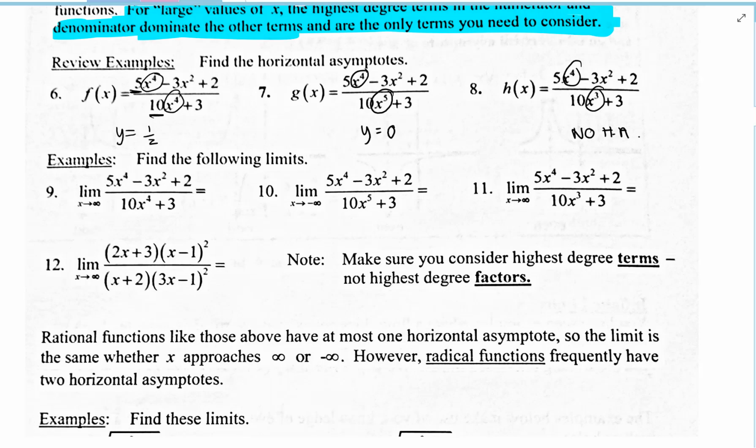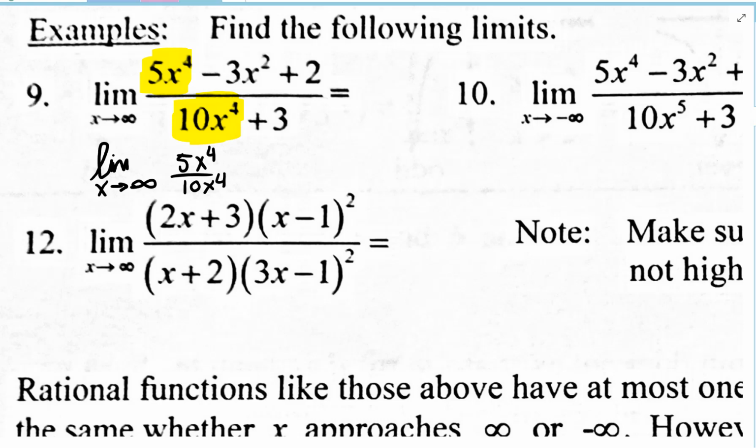So really, when I'm taking the limit as x approaches infinity of this rational function, I'm really just taking the limit as x approaches infinity of this little fraction. That actually does reduce, okay? We're still taking the limit as x approaches infinity of 1/2.